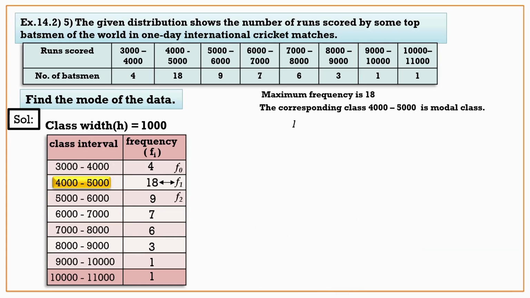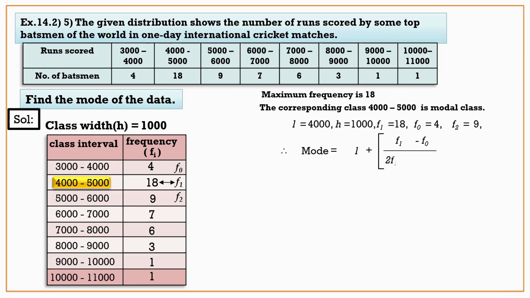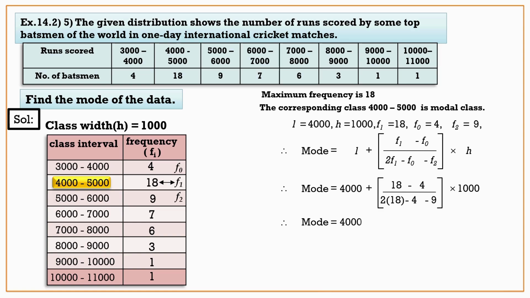Okay. So now L is the lower limit of the modal class, that is 4000 over here. H is the class width. F1, F0 and F2 you all got already. So just write down the values over here. Then the mode will be L plus (F1 minus F0) by (2 F1 minus F0 minus F2) into H. Now put all these values over here. Now calculate everything.